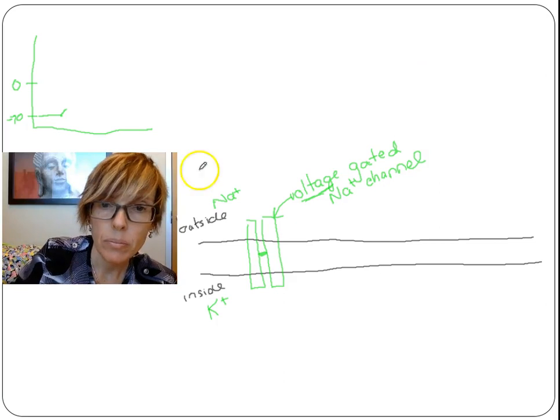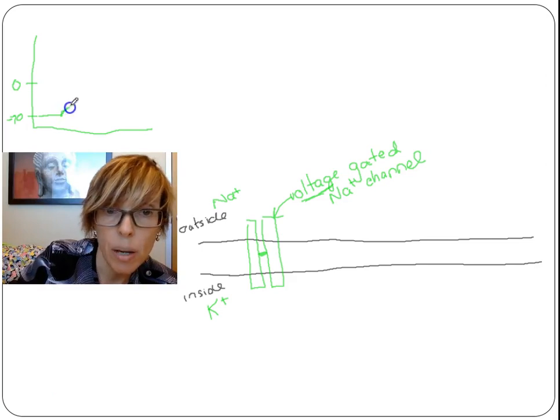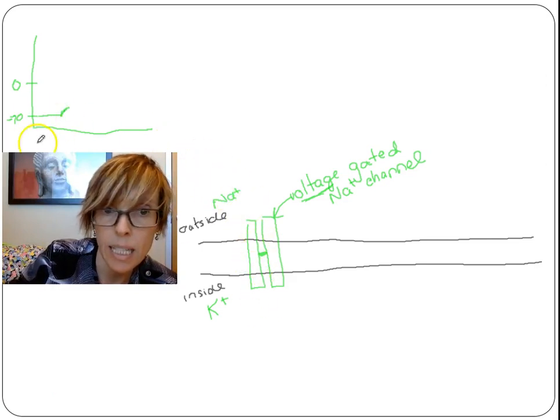Okay. In any case, you have some sort of stimulus come in. The membrane potential, the voltage, is going to change to become more positive as some sodium starts leaking in.